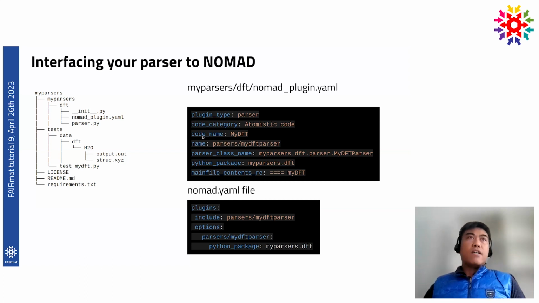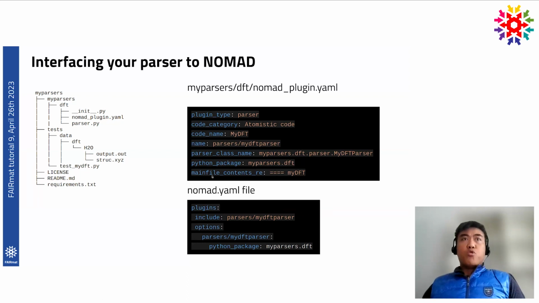We provide a code name, myDFT, and then we provide a unique name for our parser, which is parsers myDFT parser. And then we also have to provide the class name, which is essentially just the link or the path to our parser. And then the Python package is this myparser.dft.